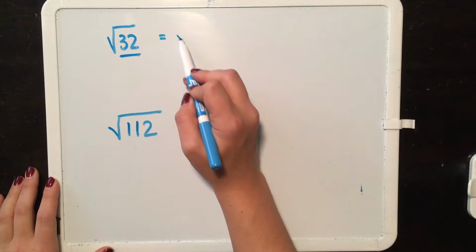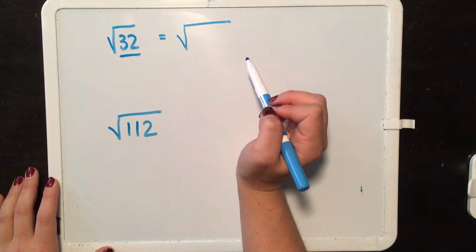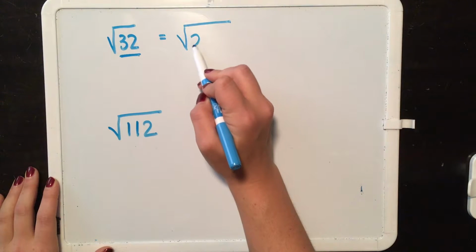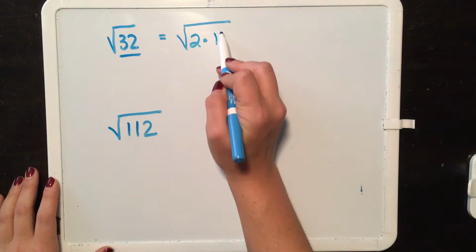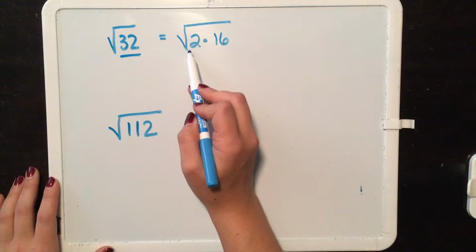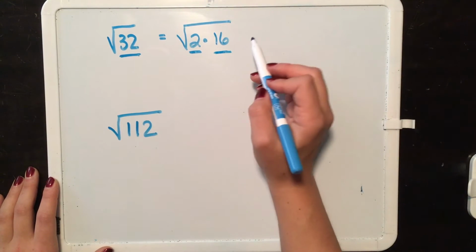But if we can find a factor of 32 that is a perfect square, then we can reduce this radical. 32 can break up into factors 2 times 16. Now, 2 is not a perfect square, but 16 is a perfect square.